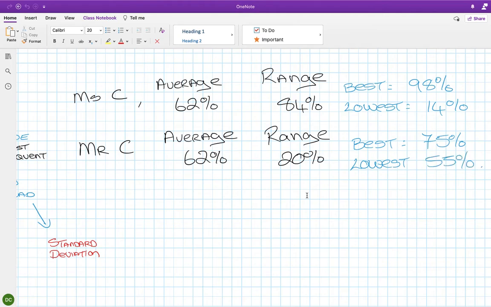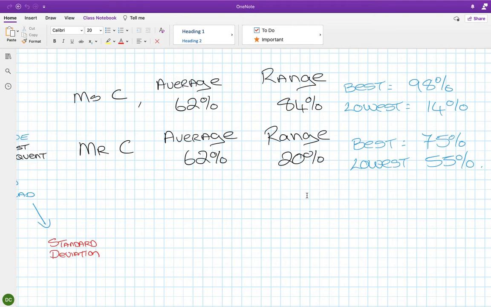Okay, so can you see how including the range actually gives you a much better picture where sometimes the average can fail? So you can end up with two lots of data where the averages are almost identical, which means you know nothing, but include a range in that, and then all of a sudden you start to learn. So what's happening in my class is that I have a couple of really, really good students who are pulling my average up.